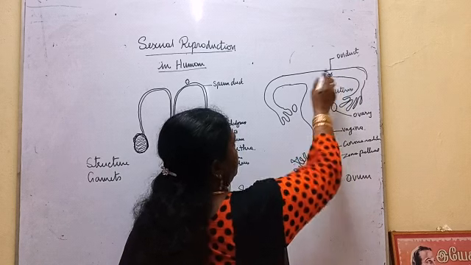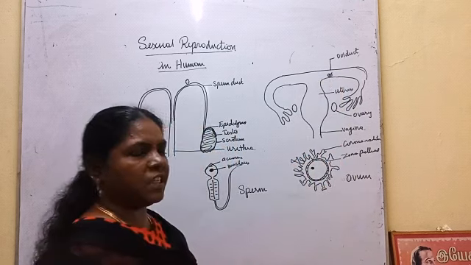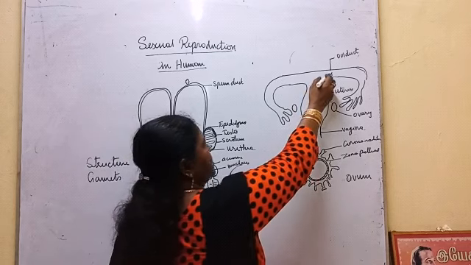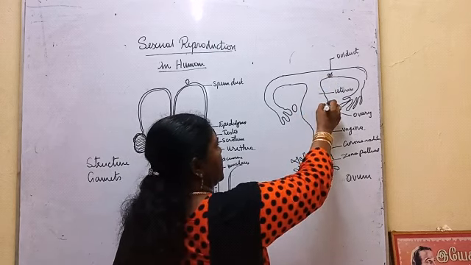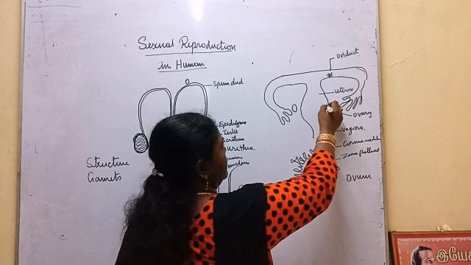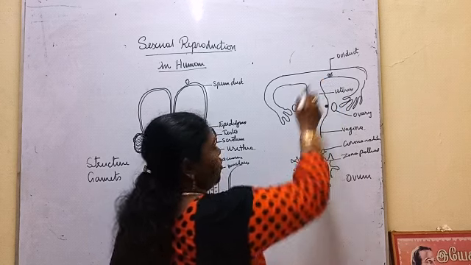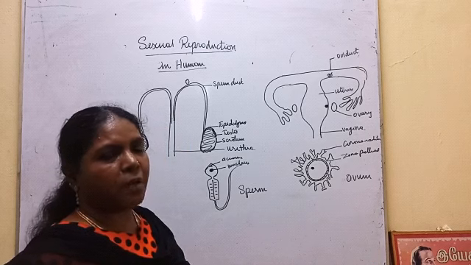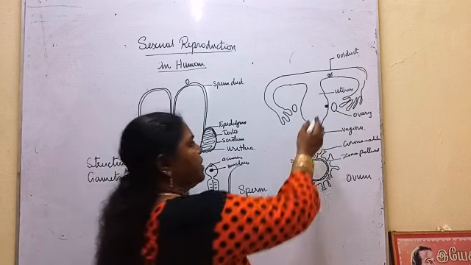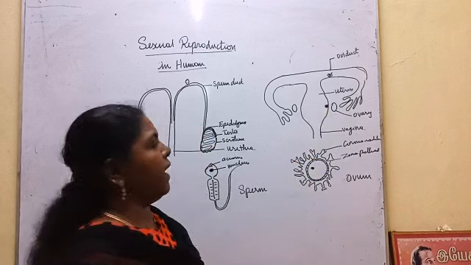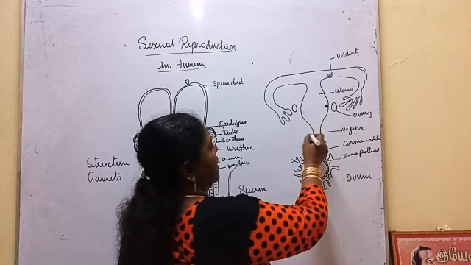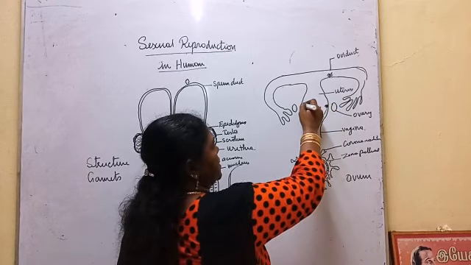If the sperm fuses with the ovum, fertilization takes place. This fertilized ovum will come and attach to the uterine wall. So after fertilization, it has become a zygote. The zygote will get attached to the uterine wall, and it undergoes division and develops into a fetus.